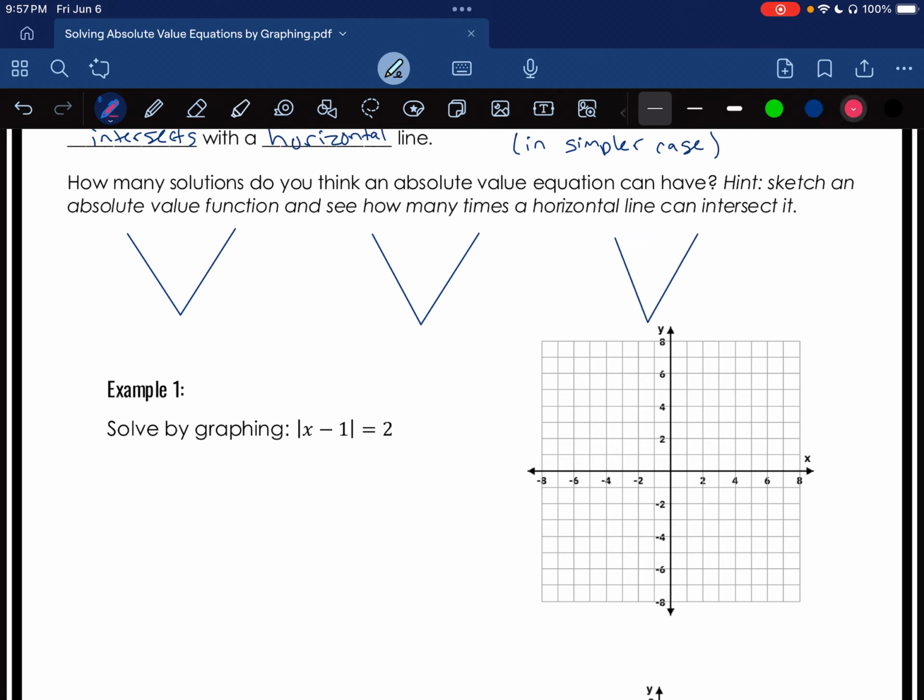So those are my lines. We can have a horizontal line. This is probably what you first thought of. That intersects twice, right? So it can happen twice. It could happen once. Just going to draw my line here. Once.